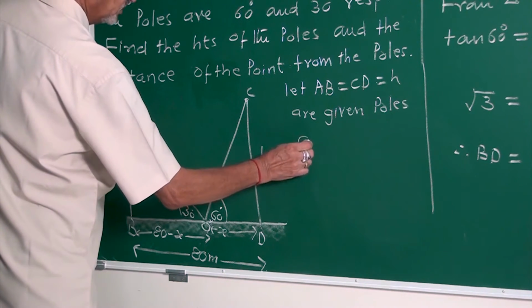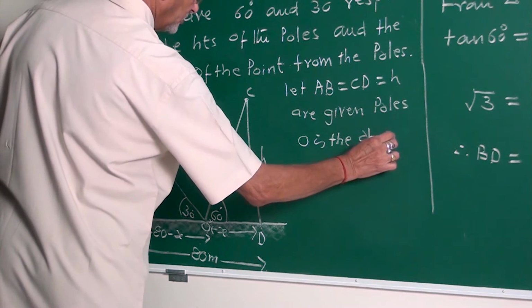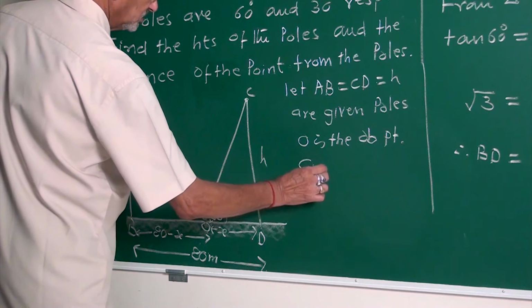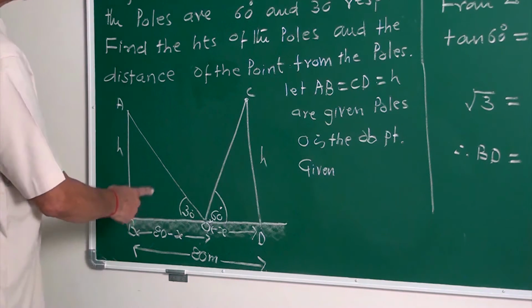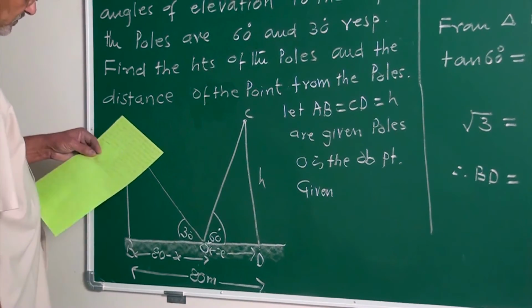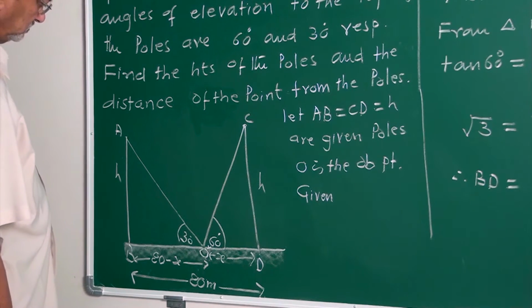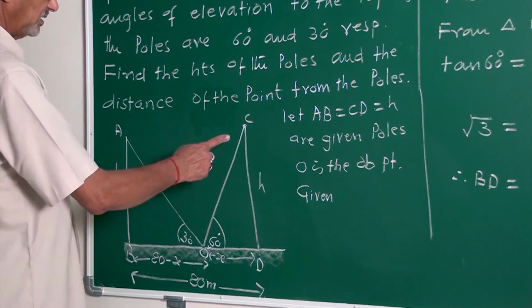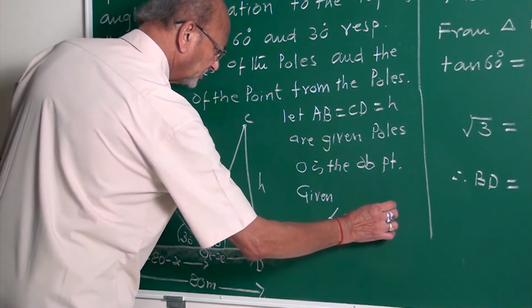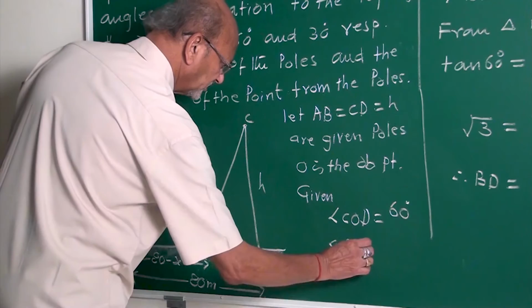O is the observing point on the road. Given the angles of elevation, angle COD is 60 degrees and angle AOB is 30 degrees.